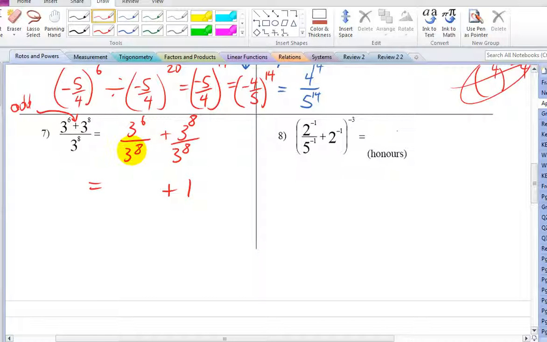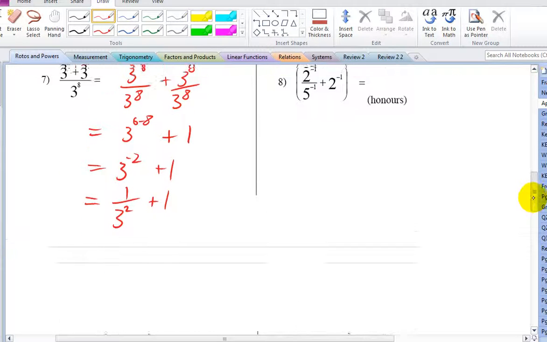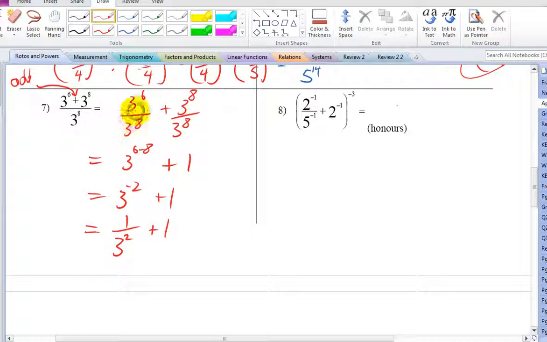What's 3 to the 6 divided by 3 to the 8? 6 minus 8. 3 to the negative 2 plus 1. So sometimes you can leave it. Okay. So some people may say, hey, 3 to the 6 over 3 to the 8 equals 1 over 3 squared. Okay.